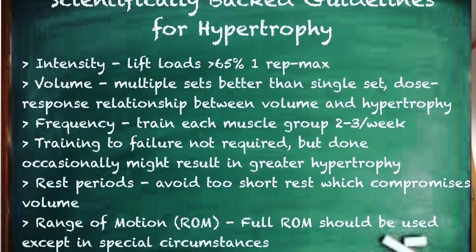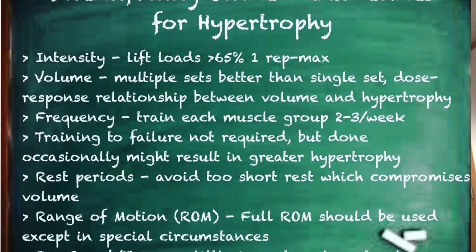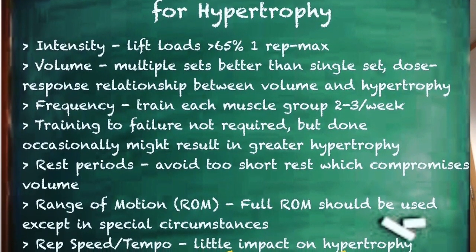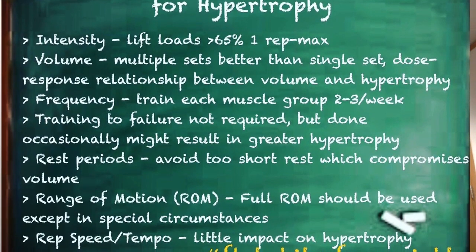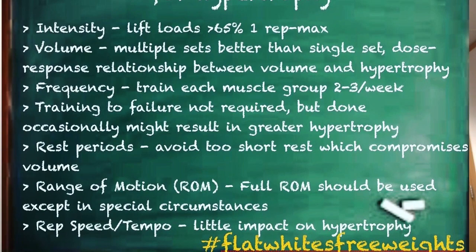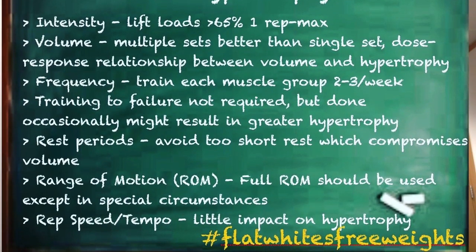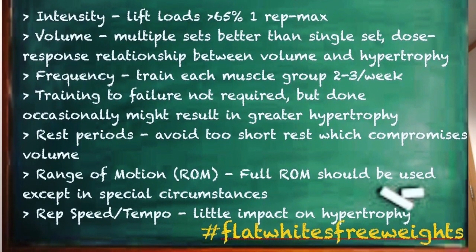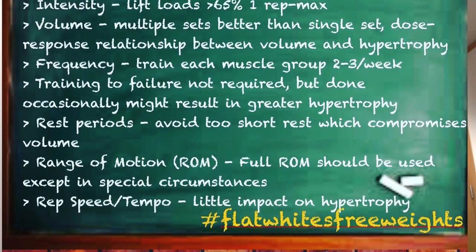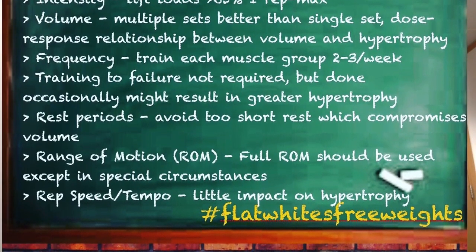In terms of rest periods, you should avoid taking rests that are so short that it compromises performance on subsequent sets. So, usually on compound lifts, 2 to 3 minutes, and on smaller movements, about 90 seconds to 2 minutes is a good rule of thumb. Range of motion, you should be generally using a full range of motion. That should be your default setting.